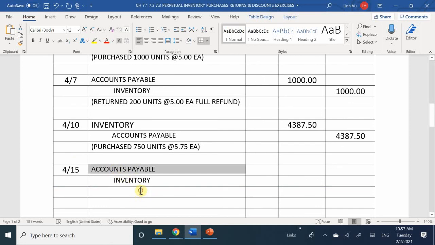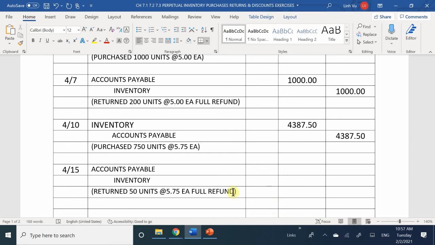Okay, and we're taking it right out of inventory. Okay, returned 50 units at $5.75 each. Full refund.